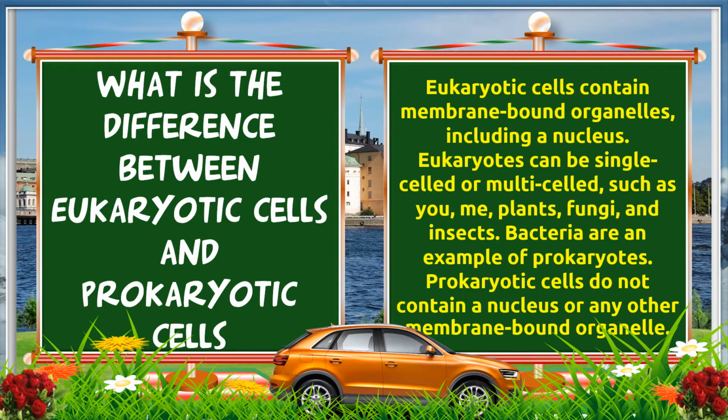Eukaryotes can be single-celled or multi-celled, such as you, me, plants, fungi, and insects. Bacteria are an example of prokaryotes. Prokaryotic cells do not contain a nucleus or any other membrane-bound organelle.